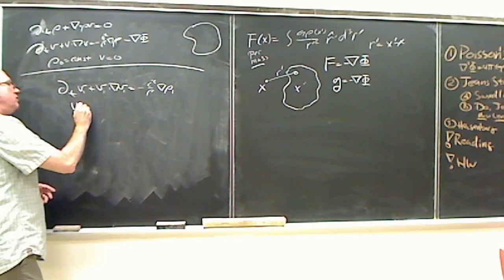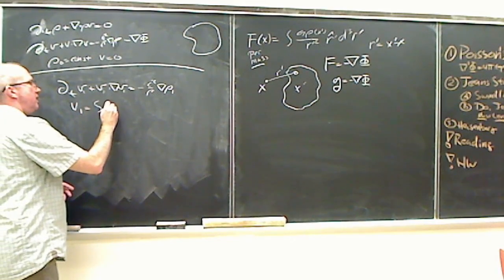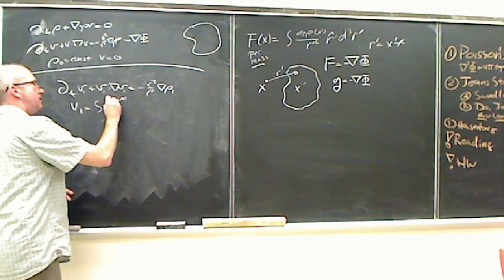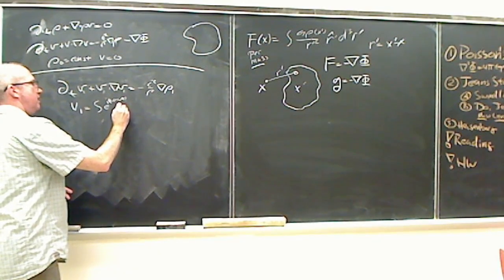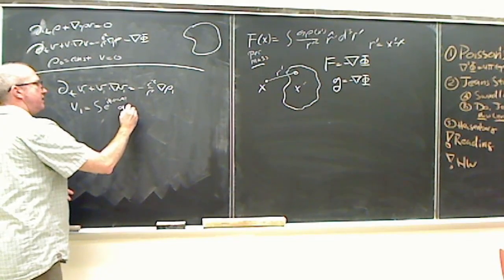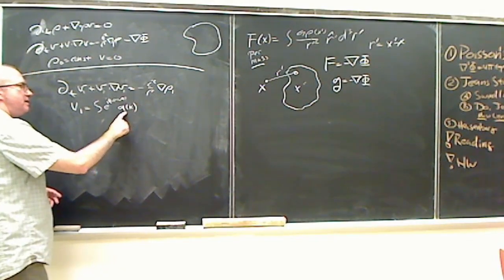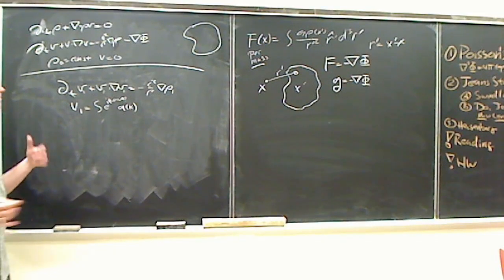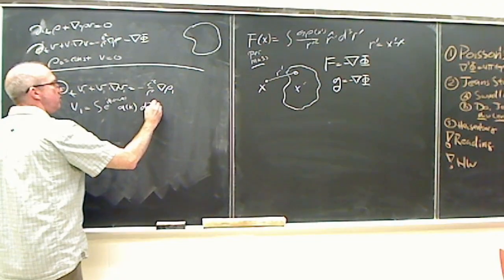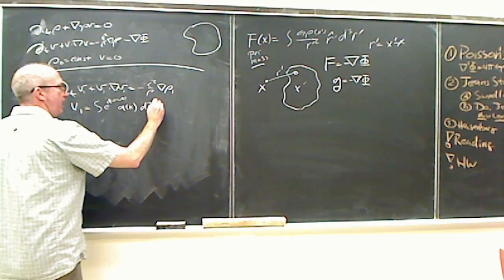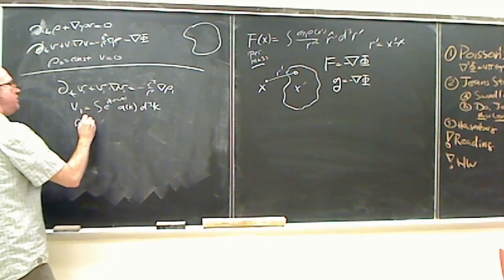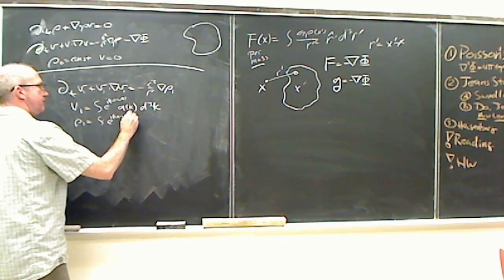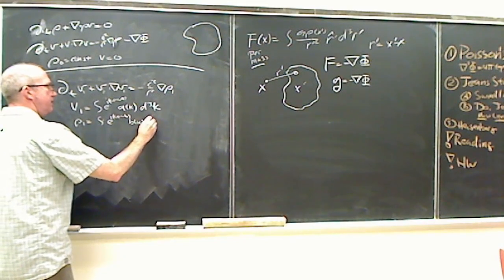And I'm going to say that v1 is equal to e to the i(kx minus omega t) times a of k, where a is my amplitude in Fourier space for all of my modes for my velocity, d cubed k. And then rho 1 is going to be the same thing, e to the i(kx minus omega t) b of k, dk.